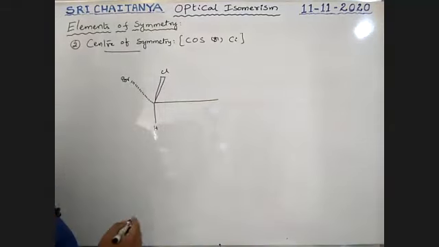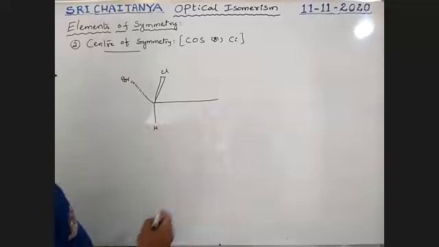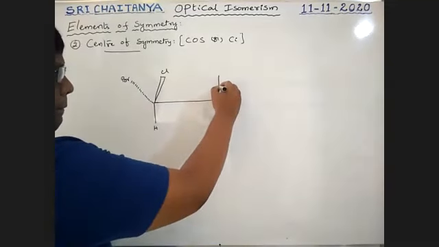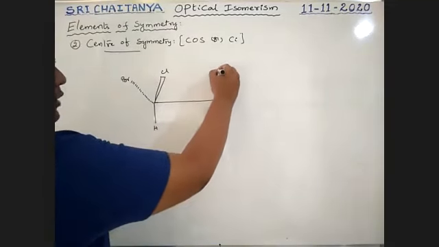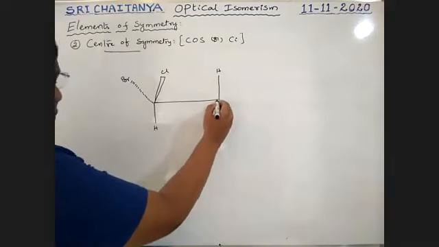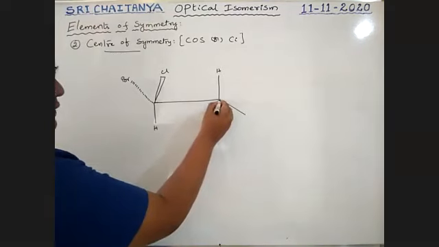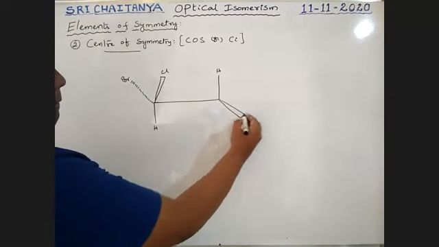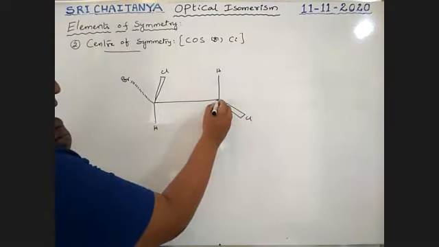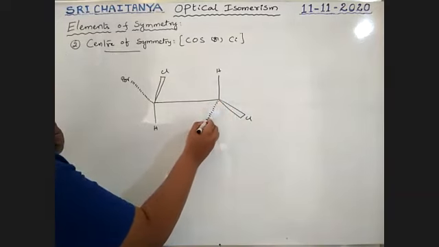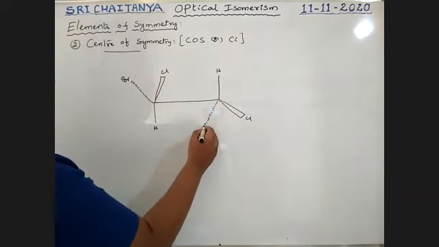Okay. Now I'm taking this, this is hydrogen. Next, this is a wedge line satisfied with chlorine. This is a dash line satisfied with bromine.